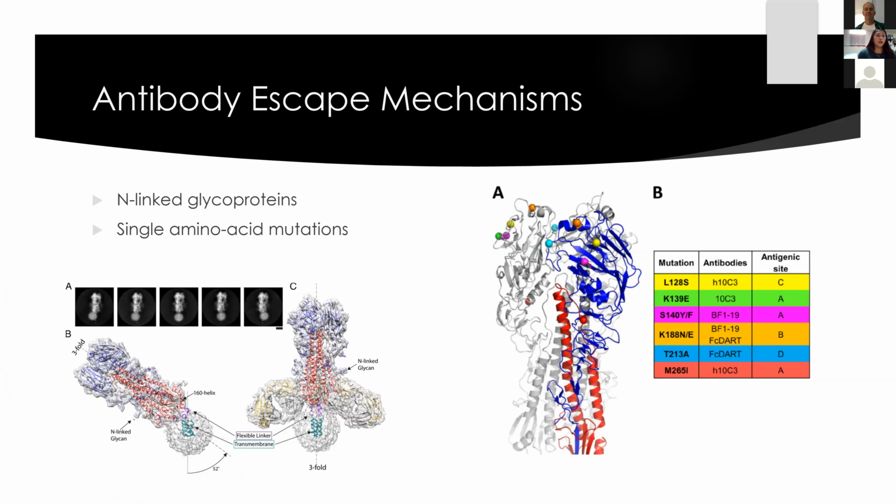There are also antibody escape mechanisms, which is why the virus changes subtypes, and that's why we need vaccines each year. So the protein undergoes 10,000.